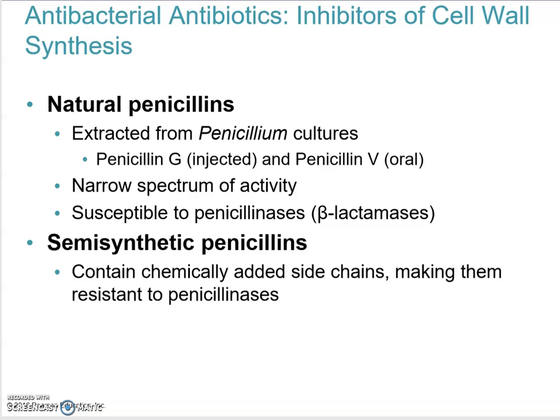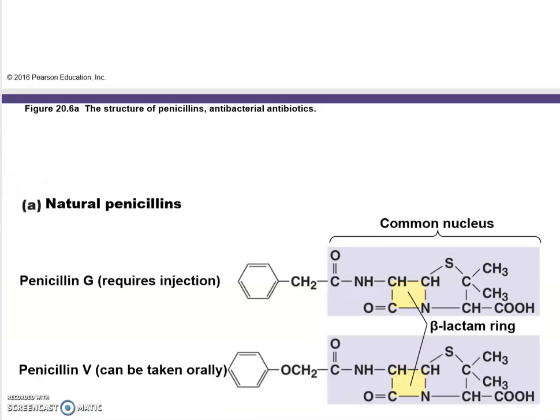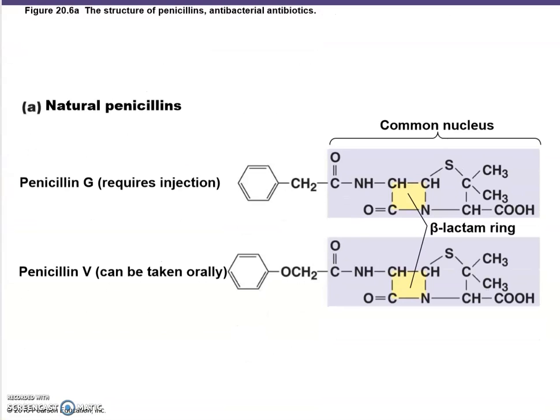So semi-synthetic means that you're taking a natural substance like penicillin and then you're altering it in the chemistry lab. So they have added side chains, basically making the penicillin more resistant to penicillinases. And so therefore now the bacteria have to come up with a new strategy, a new trick to get rid of the penicillin.